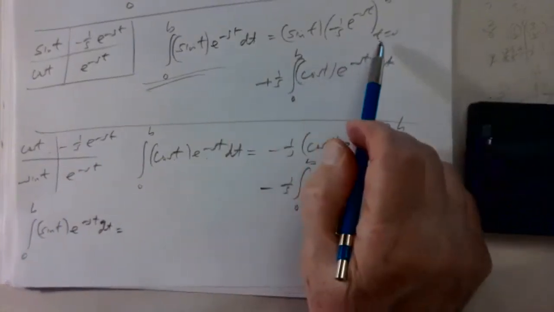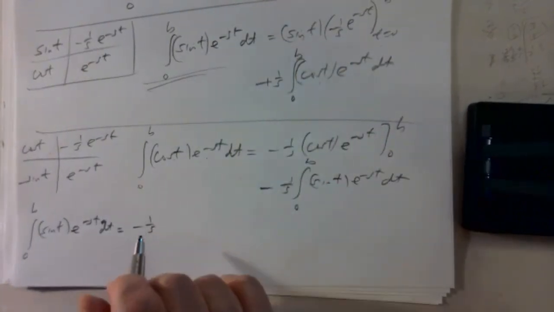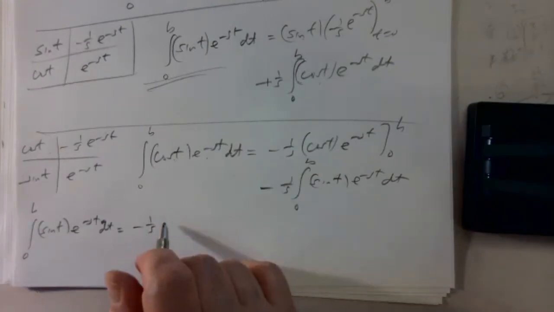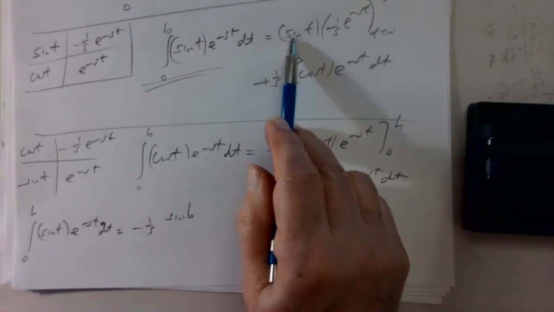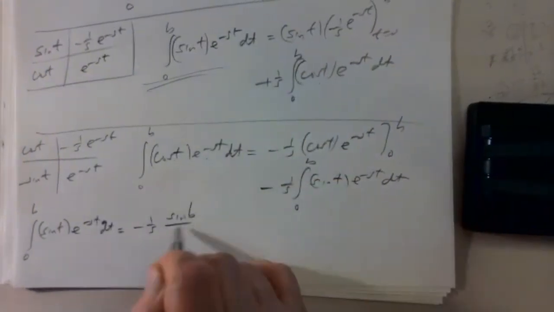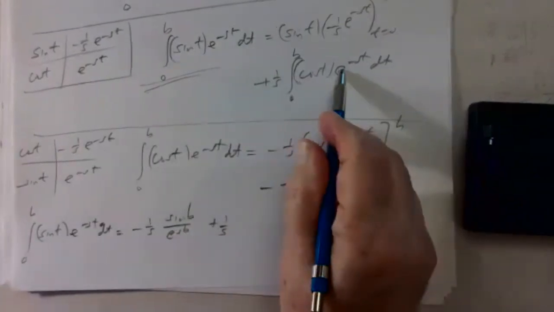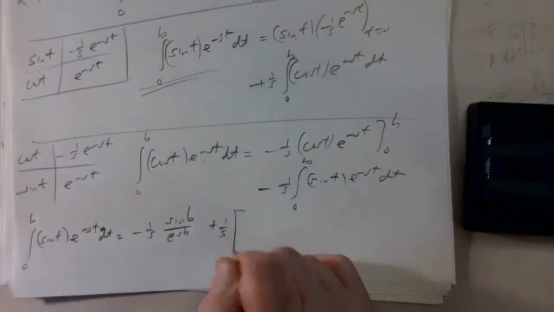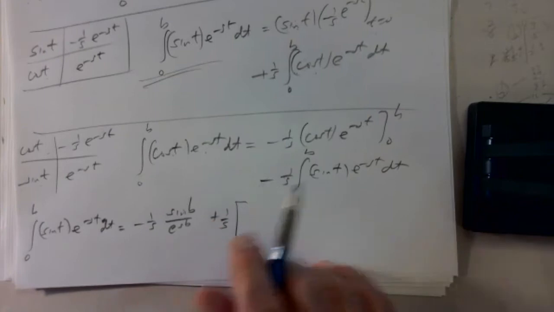Let's see. When t is equal to 0, sine 0 is 0. So this is just minus 1 over s sine of b, I'm plugging in t equal b, over e to the sb, plus 1 over s times this integral. But this integral is equal to this minus this.